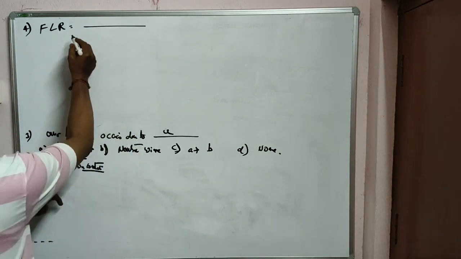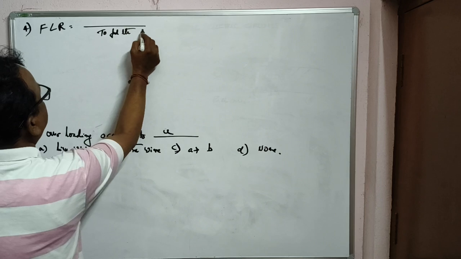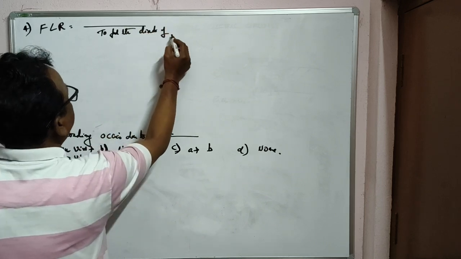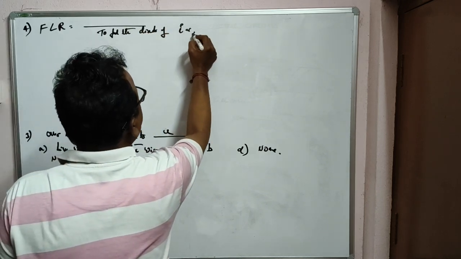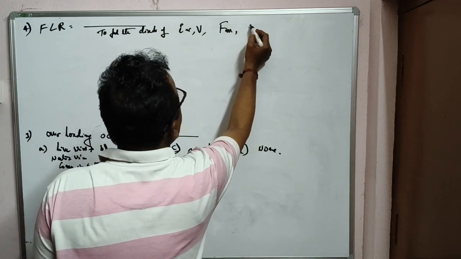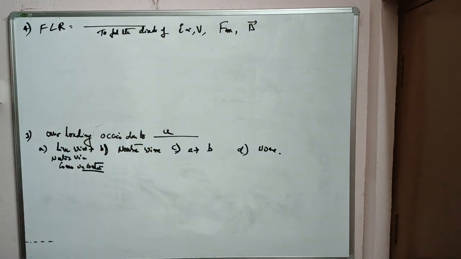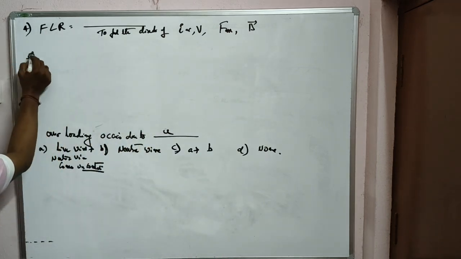You can fill the blank here: to find the direction of current or velocity, magnetic force direction and magnetic field direction. Fleming's left hand rule. That is the fourth question.